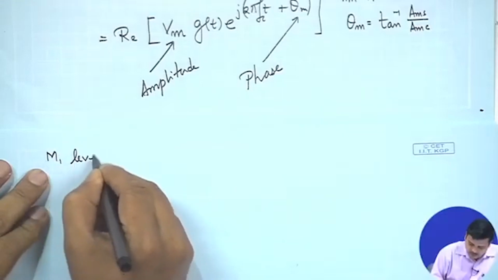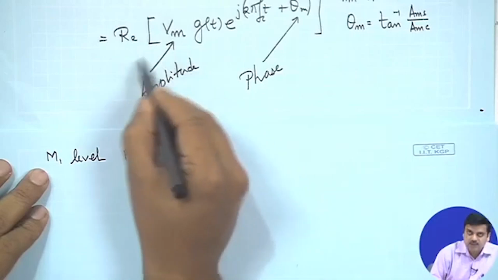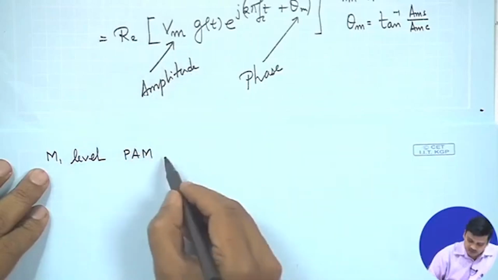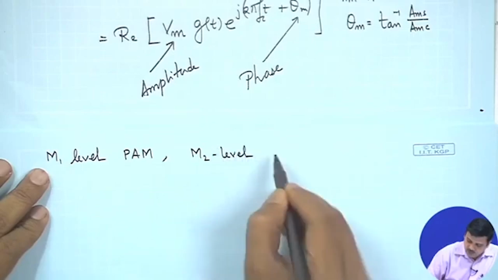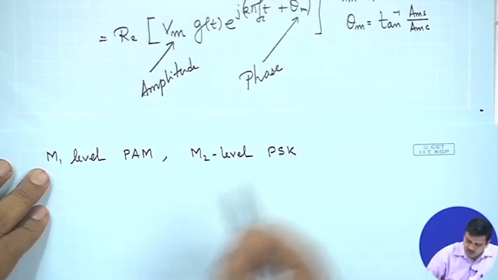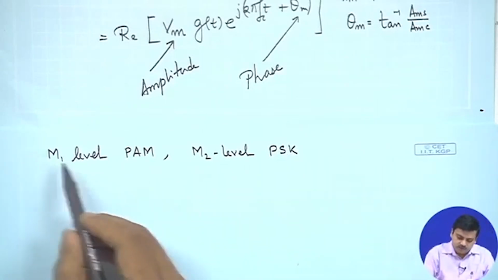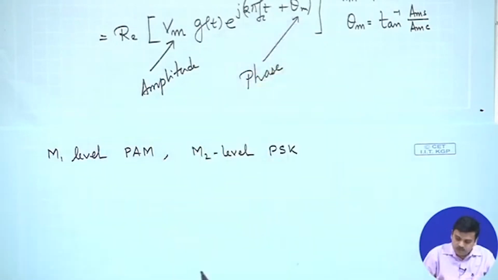So we can think of quadrature amplitude modulation as M1 level pulse amplitude modulation, as well as M2 level phase shift keying. So I could give M1 level amplitudes, and I could combine M2 level phases.